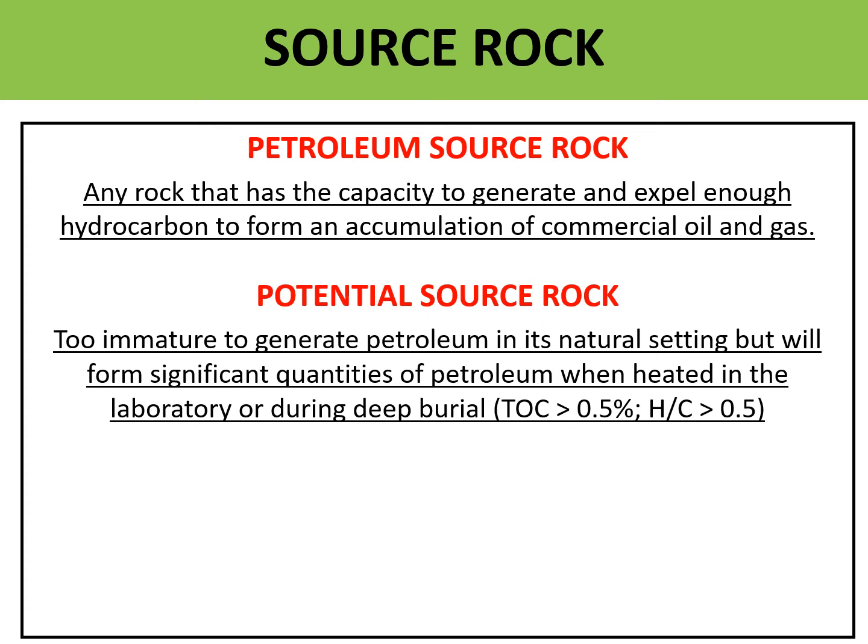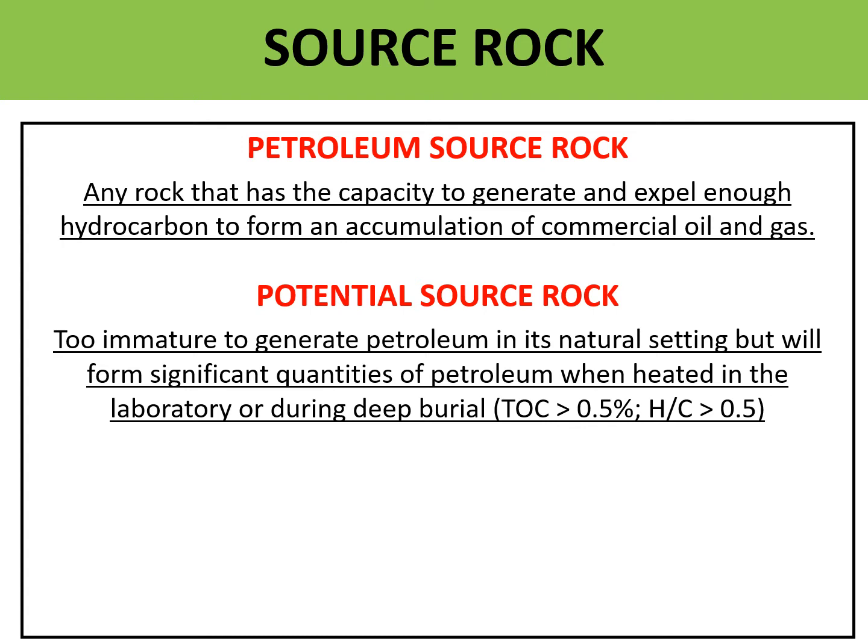As part of the definition of source rock, there are two categories of source rocks. First, we call it a potential source rock if the source rock is still immature, so we cannot call it a source of emitted petroleum in its natural setting. But this kind of source rock is assumed to form a significant quantity of commercial oil and gas when it matures.